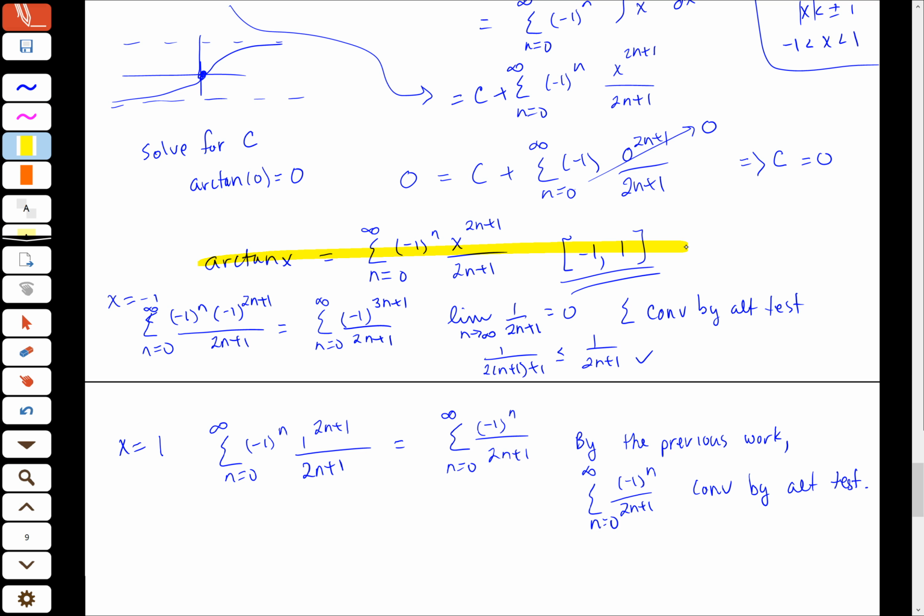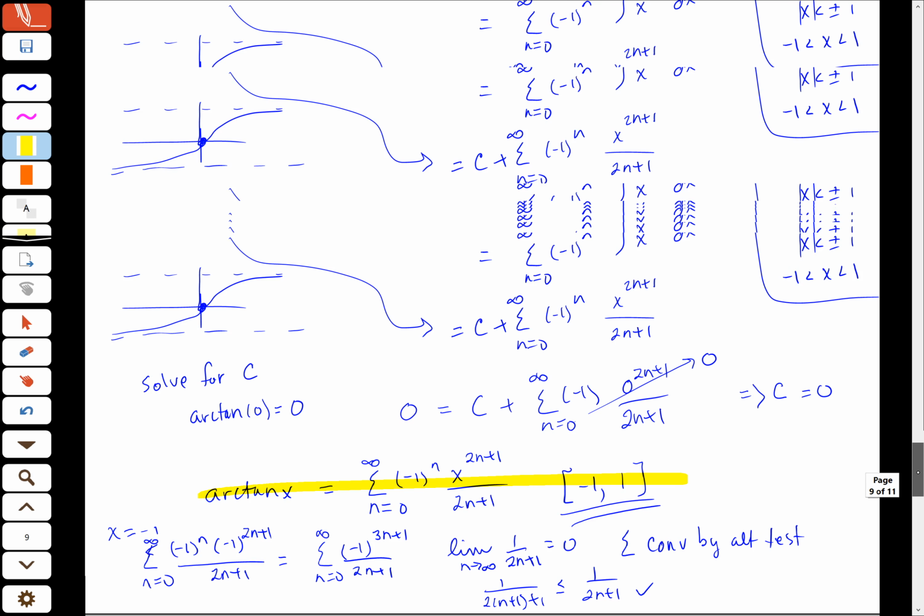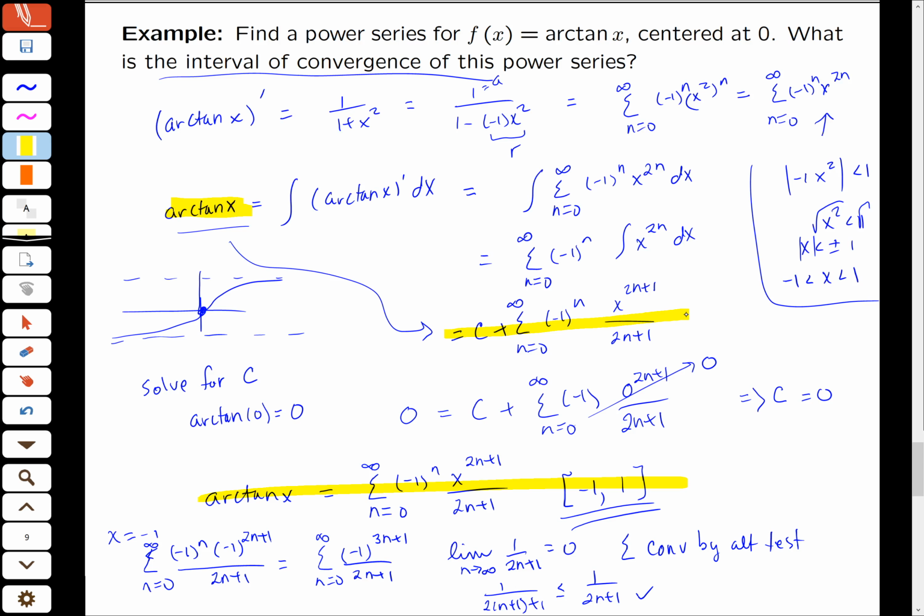Okay, question? How do you determine that C equals 0 and that arctangent is that? Because I started with this arctangent up here, and I got equal signs all the way down to here. So if you plug in 0 for x here and 0 for x here, set the two equations equal, you can solve for C. No, that says that this one right here is 0.